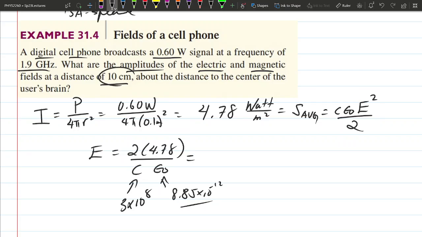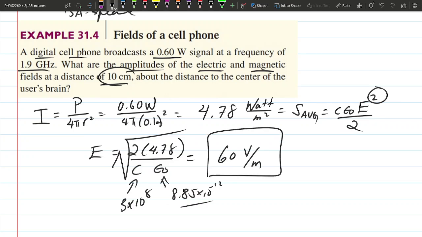So the electric field is about 60 volts per meter in your brain if you're holding your cell phone up next to your head.